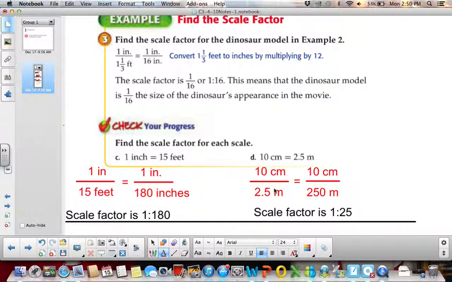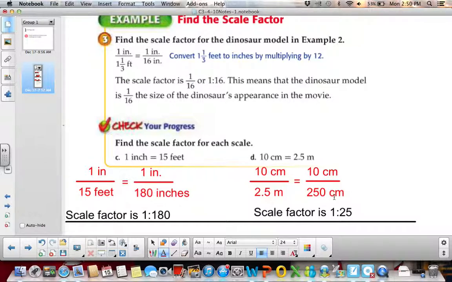10 centimeters equals 2.5 meters. We know that 100 centimeters are in a meter, so I am going to multiply 2.5 times 100, and we get 250 centimeters. Notice that I just left this the same up here as well. We're only multiplying to convert to the same unit.